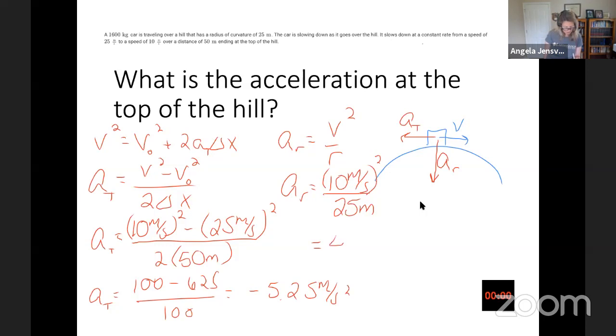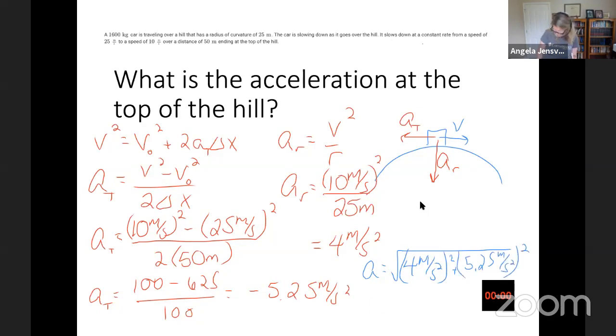That's 4 meters per second squared. Okay, so to get the total acceleration, you would do the square root of 4 meters per second squared, squared, plus 5.25 meters per second squared, squared. And if you square root that, you should get 6.6 meters per second squared.